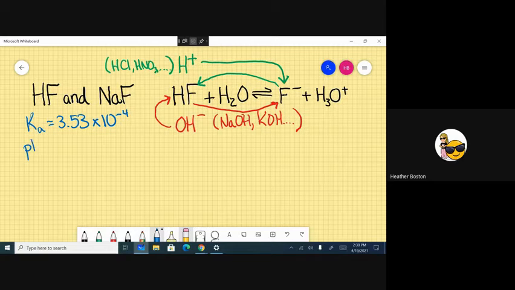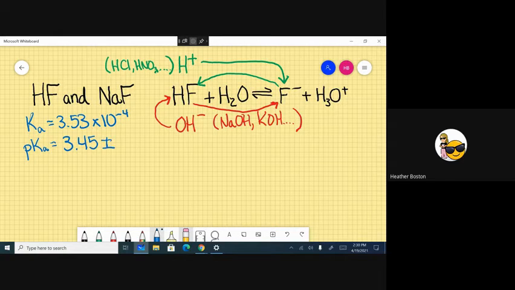So in order to understand the range at which this will protect at, we have to calculate the pKa, which is the negative log of the Ka. So in your calculator, you plug in negative log of 3.53 E minus 4, and the pKa in this case is 3.45.